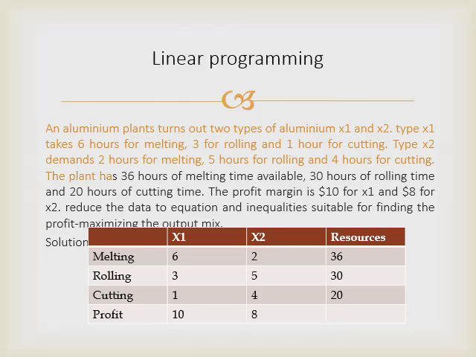The plant has 36 hours for melting time available, 30 hours of rolling time available, and 20 hours of cutting time. The profit margin is $10 for X1 and $8 for X2. Reduce the data to equations and inequalities suitable for finding the profit-maximizing output mix.